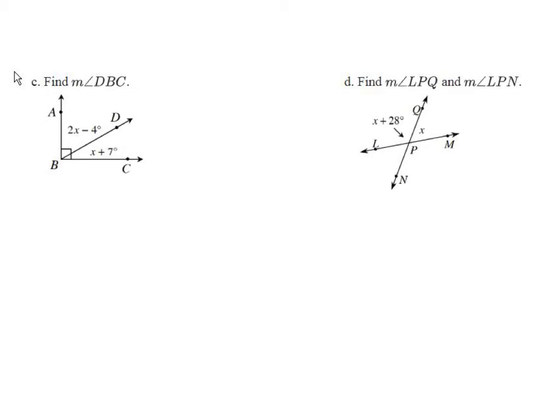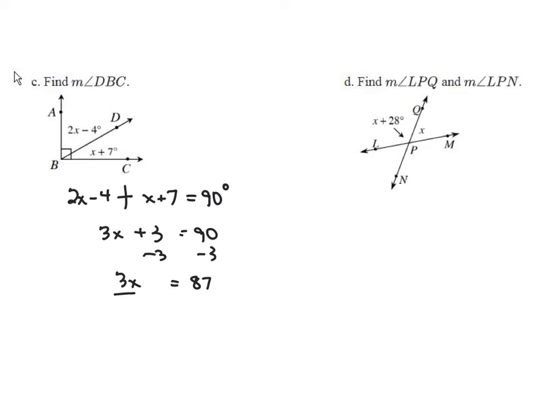Using what we know here, these two add up to 90, so I could say 2x minus 4 plus x plus 7 is equal to 90 degrees. So I have 3x plus 3 equals 90 degrees. Subtracting 3 from both sides, I get 3x is equal to 87.